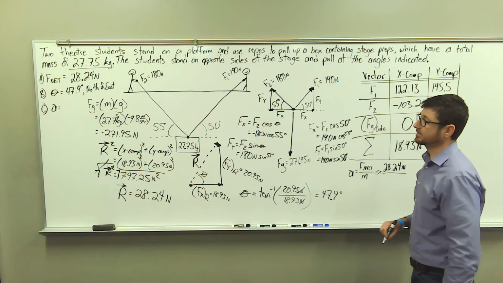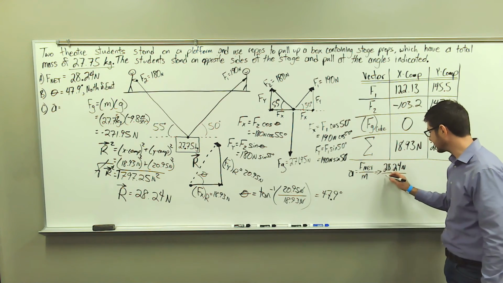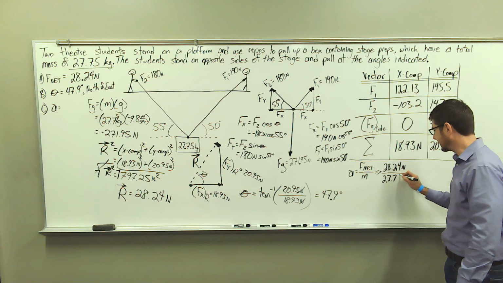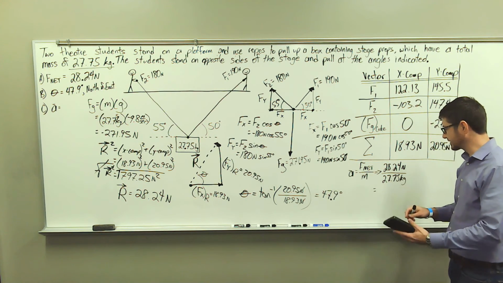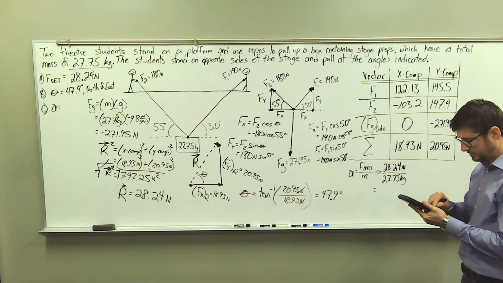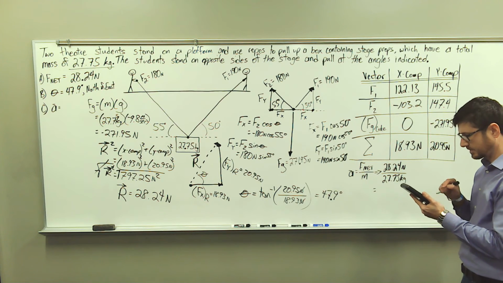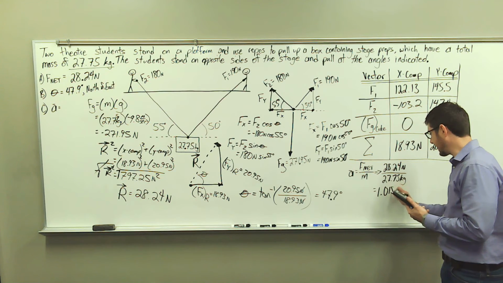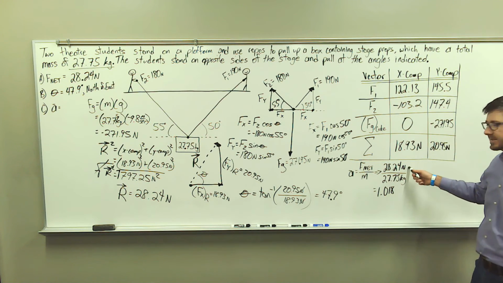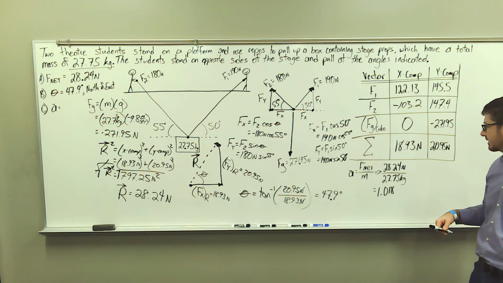We're going to divide by the object's mass, which was given to you here, 27.75 kilograms. Let's talk about the numerical value first. I get 1.018.